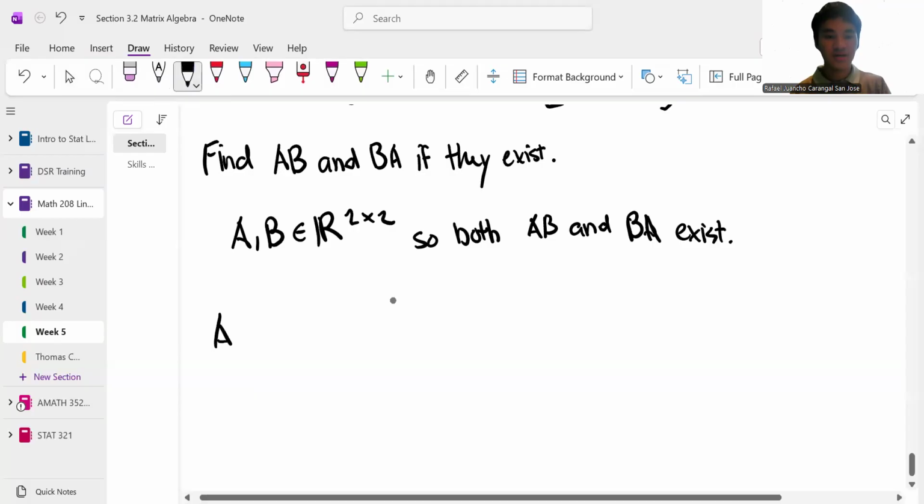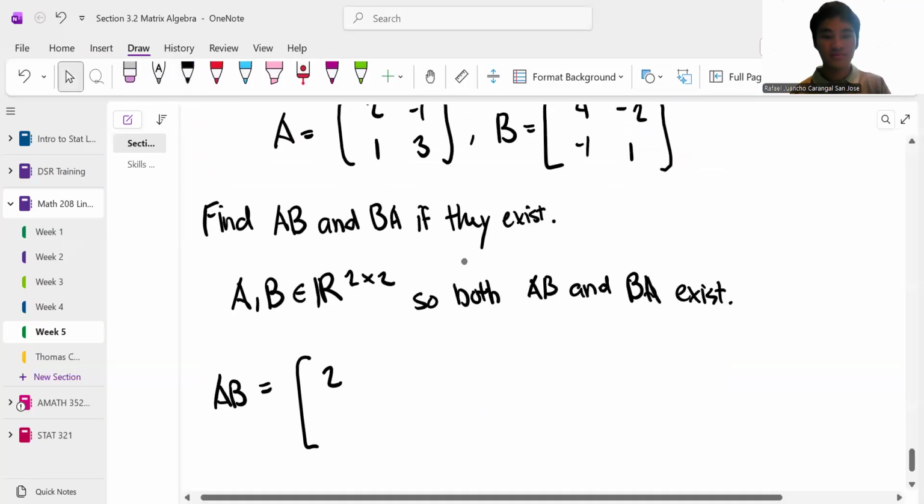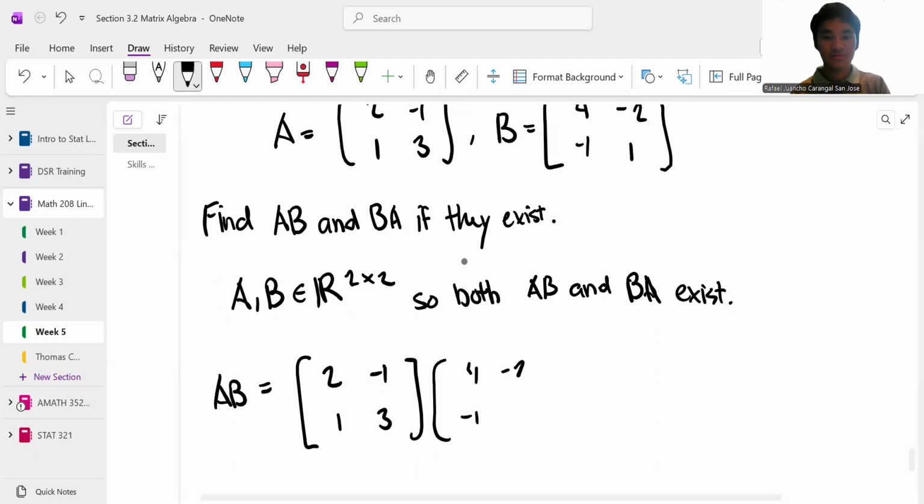So let's actually solve for AB. Well, we just multiply A by B, and we're going to get a 2 by 2 matrix.